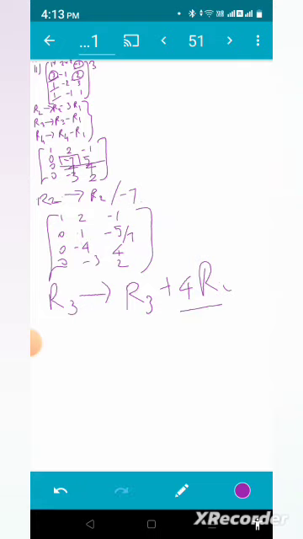So 4 R2. Similarly, the fourth row also has minus 3. It's to be converted to 0. So R4 gives R4 plus 3 R2.